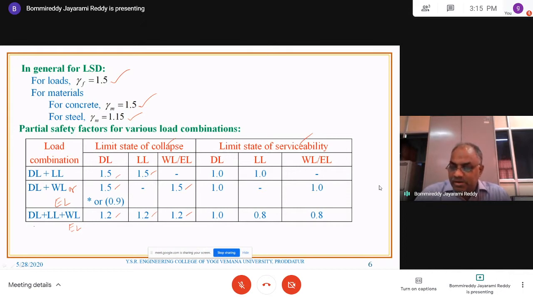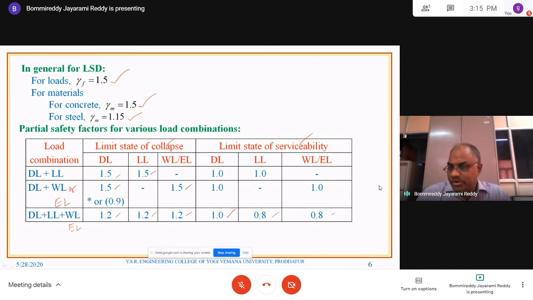But when the combination of dead load, live load, wind load occurs, dead load is permanent, which will be there along with the structure. There is no change in dead load. So that's why it will be taken as 1. And for all other loads, because full live load and full earthquake load or full wind load may not occur, these values are reduced to 0.8.